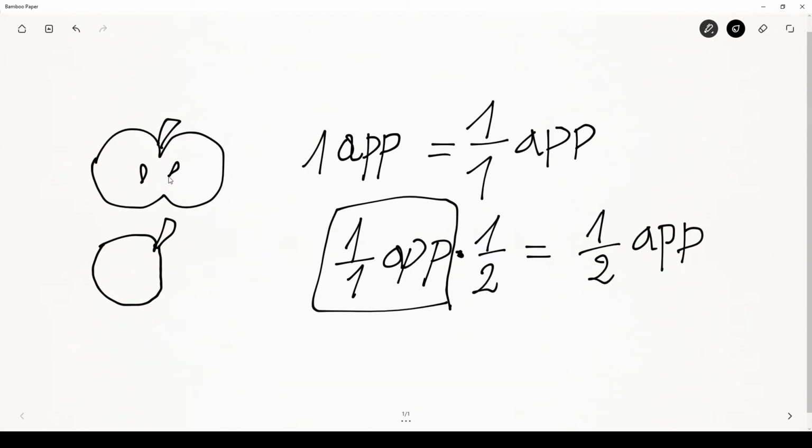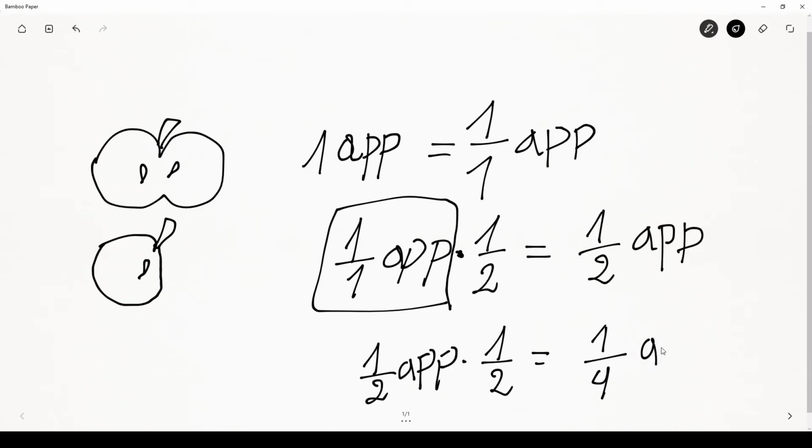Let's put seeds. And let's say we again multiply this half an apple times half. So we perform the multiplication. 1 times 1 is 1. 2 times 2 is 4. What does it mean?